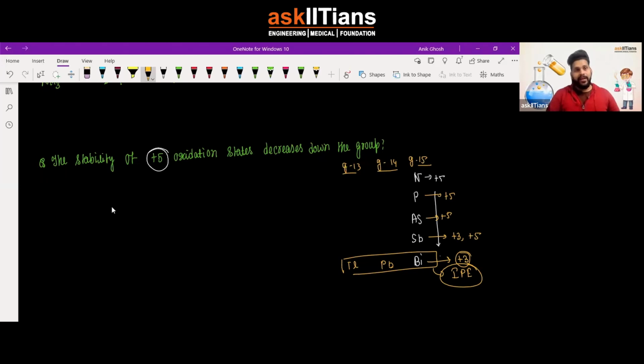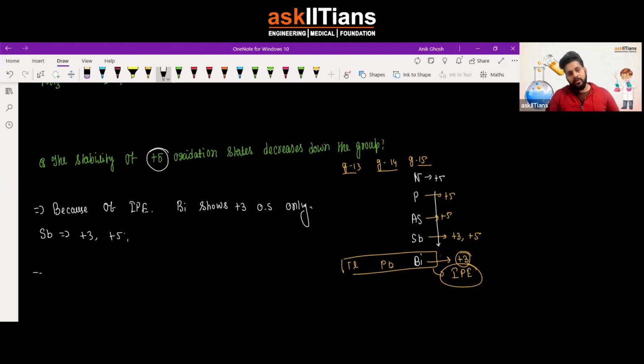Now, we are going to write the answer this way: because of the inert pair effect, bismuth shows +3 oxidation state only, whereas antimony is capable of showing +3 as well as +5.